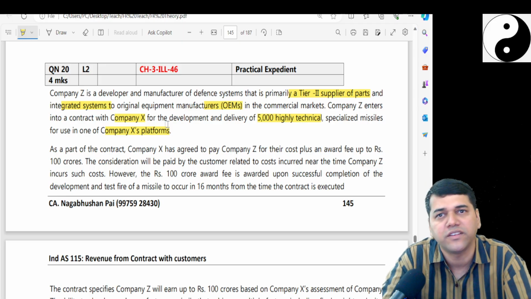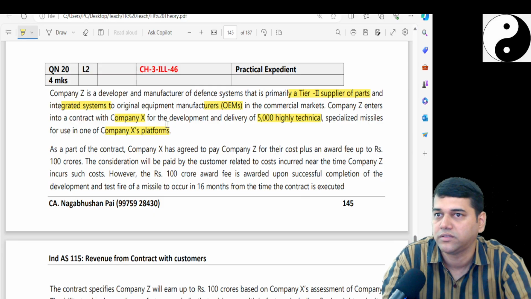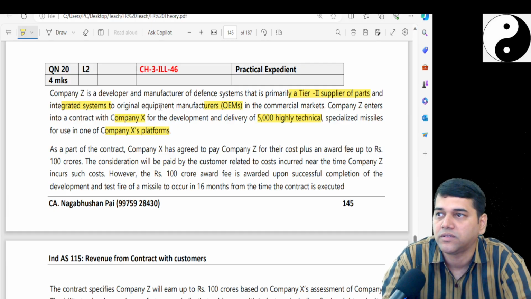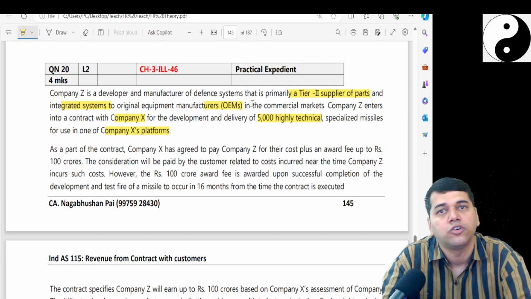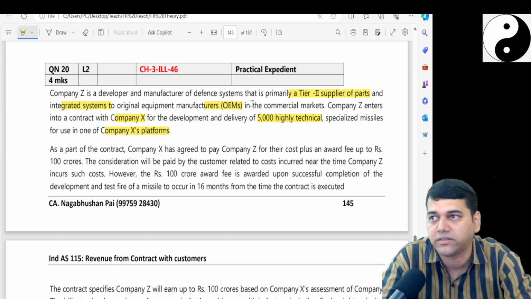X company is a defense company making missiles and selling them to the governments of different countries. Z is a subcontractor type of person. So he has entered into a contract to develop a missile to be given to X, which in turn X will sell to the governments.